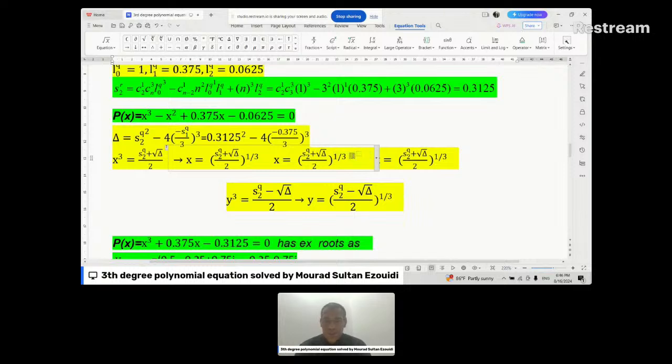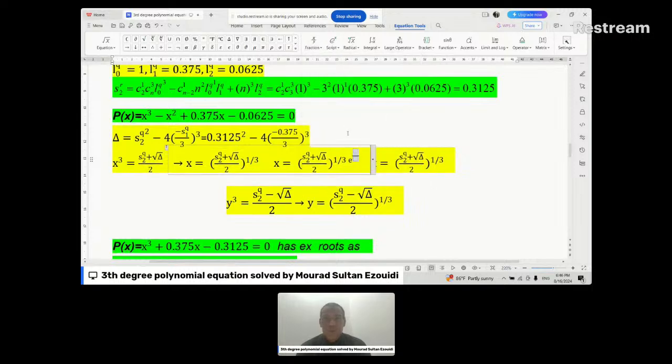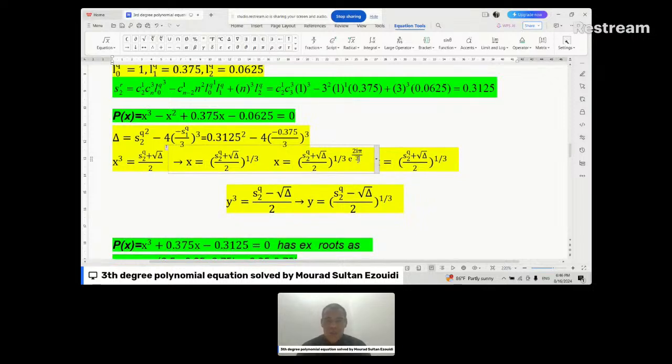Exponential 2i pi divided by 3. We said when k equals 0, I obtain this. When k equals 1, I obtain 2i pi over 3 times this one.